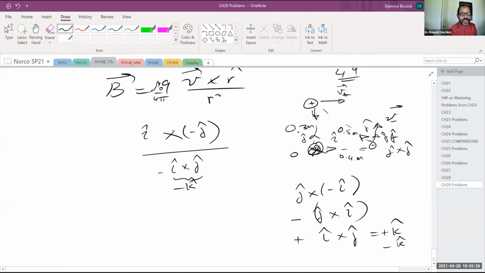So the only one that matters is this one that is in the negative k hat, negative I hat direction. That is going to give me a value. So if I find this r hat, which is in this direction, this is the component that is going to matter in here. So we find the B field due to the negative charge in here. Once we find the B, we're going to use the Lorentz force on this positive charge.